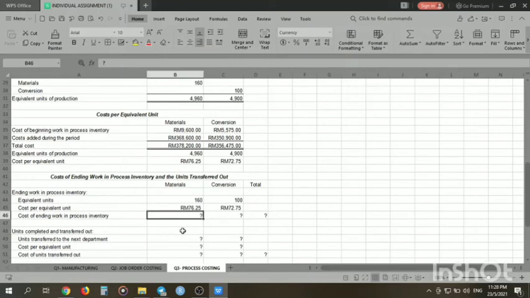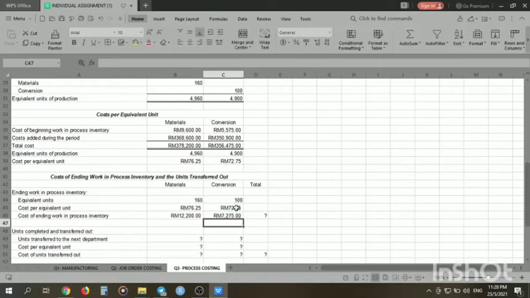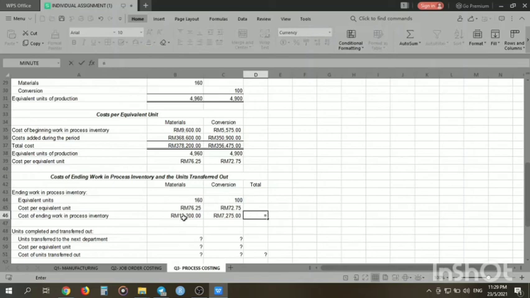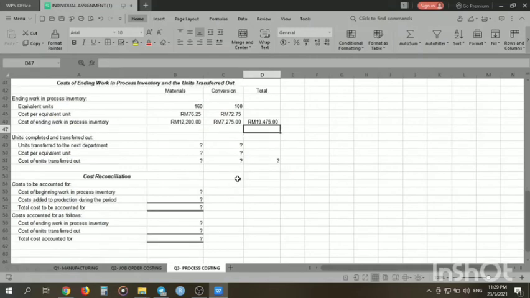To get the cost of ending work in process inventory, the equivalent units should be times with cost per equivalent unit. To get the total, we only sum up the amount for materials and conversion. And we get 19,475 ringgit for total cost of ending work in process inventory.